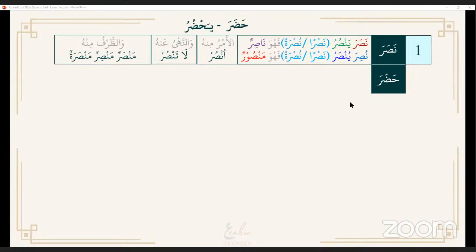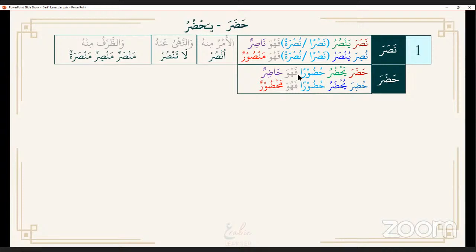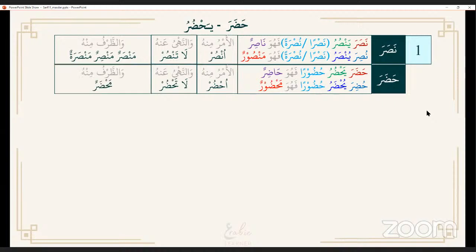So here it will be hadara yahduru huduran. Actually, it can be hudurun also. Huduran fahuwa hadirun. Hudira yuhdaru huduran fahuwa mahdurun. Al-amru minhu uhdur, wal-nahyu anhu la tahdur, wal-dharfu minhu mahdarun.